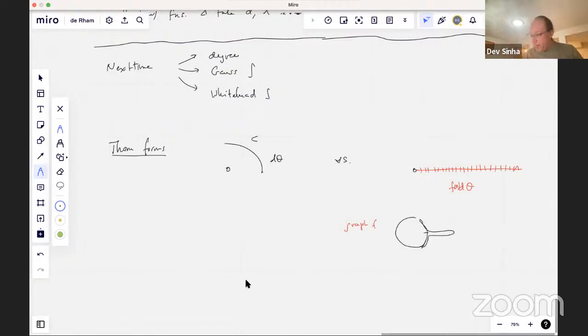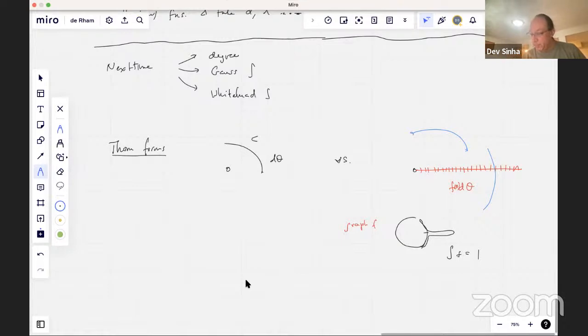And then around there, I want the total integral of f to be 1, but I want it to be supported near a point. And this f d theta, if I integrate and I don't cross the axis or come close to the axis, is going to be 0. But as I cross the axis, it's going to integrate to 1. And the point is that for closed curves, I get the same answer.